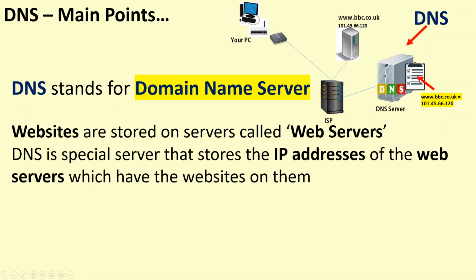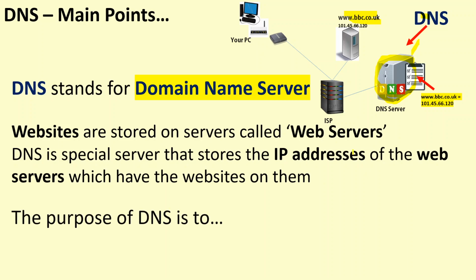DNS is a special server which is used to store all the web IP addresses. Here is DNS down here. The IP addresses of the web servers which have the websites on them. So the web servers store the websites themselves, and the DNS server here stores all the IP addresses of those web servers. It's a bit like a phone book, that you can look them up.